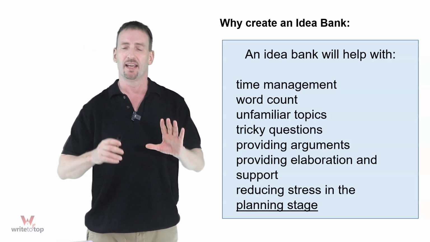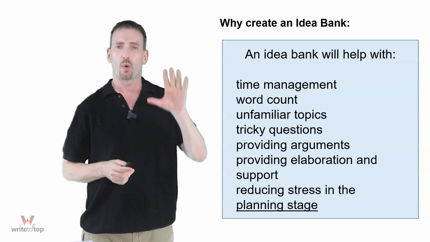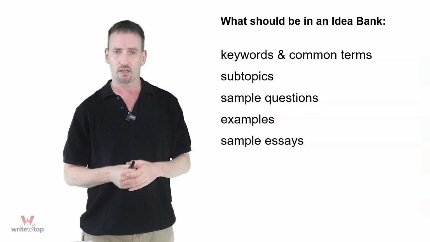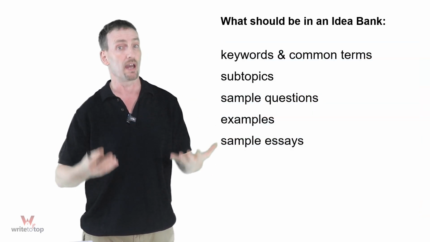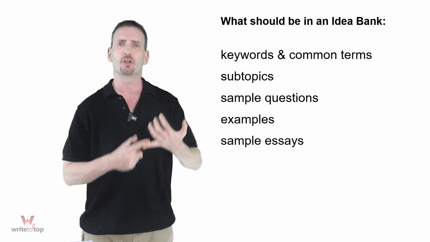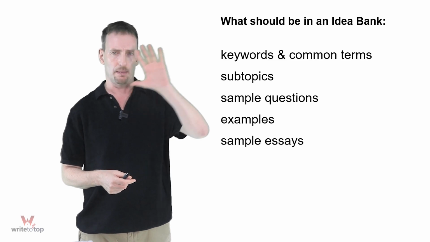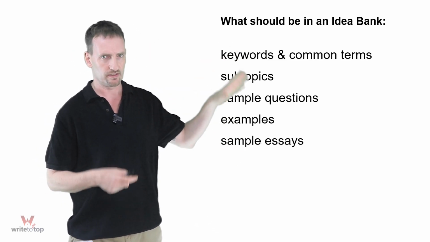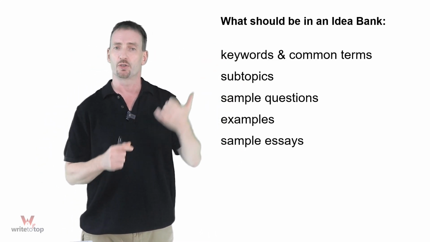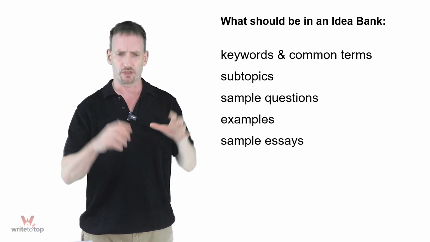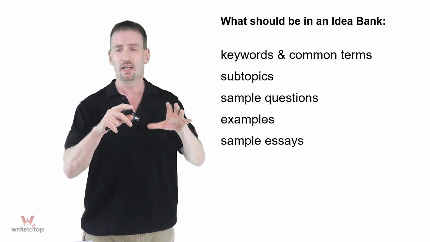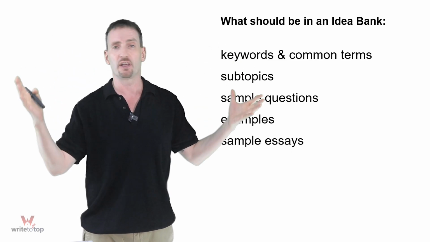So that's one thing. Another thing, what should be in your idea bank? Well, you should have keywords, basically vocabulary, and you should think about common terms. These are words that will come up a lot. I'm going to explain all of these different categories as we get to them. You should also include subtopics, which are more focused topics. So again, education, very big topic.